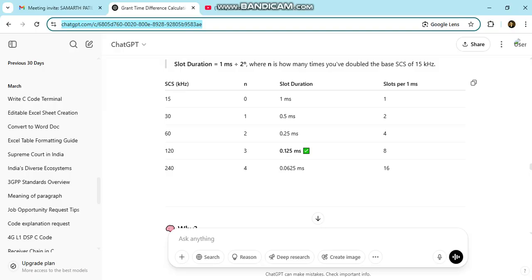For 60 kilohertz, n is 2, and 1 millisecond divided by 4 gives 0.25 millisecond slot duration, so 4 slots per millisecond.